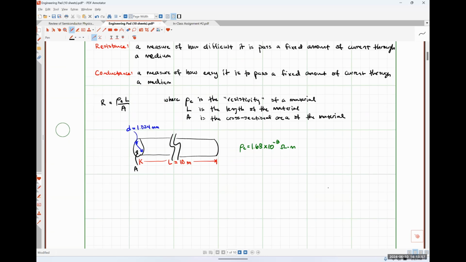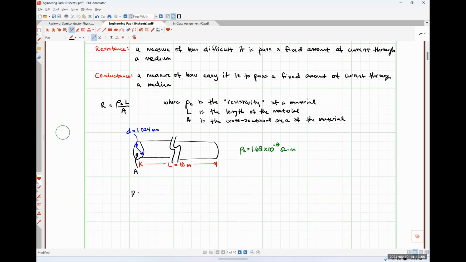Okay. So for this AWG number 18 wire, our resistance would be our rho E, so 1.68 times 10 to the negative 8 ohm meters, times our length of 10 meters, divided by our cross-sectional area.